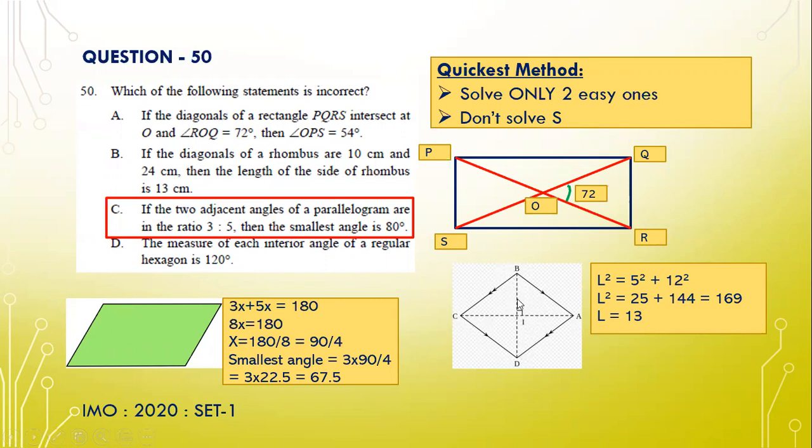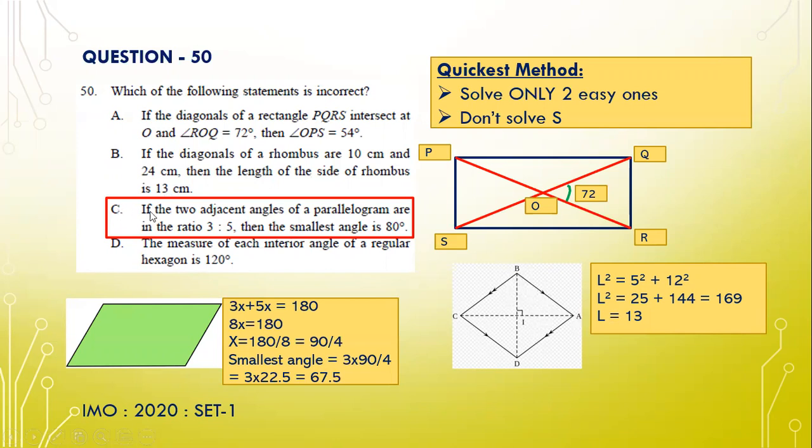Half of 10 is 5 and half of 24 is 12. So L square is 5 square plus 12 square, which is 25 plus 144, which is 169. So the side of the rhombus is square root of 169, which is 13. So B is true.